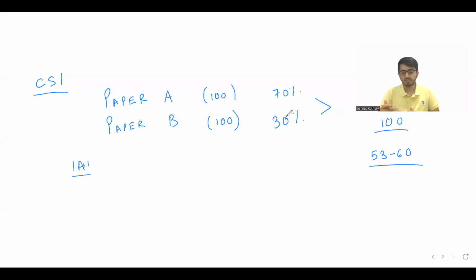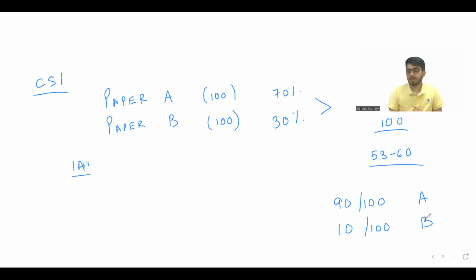Because in IFoA, there is no separate pass mark for paper A or paper B. Theoretically speaking, you could score 90 out of 100 in paper A and 10 out of 100 in paper B. Once I give the 70% and 30% weightage, your combined marks would come out to 66 out of 100, and this in all certainty would ensure that you are clearing the paper. So as you can see, there is no individual pass criteria for paper A and paper B.